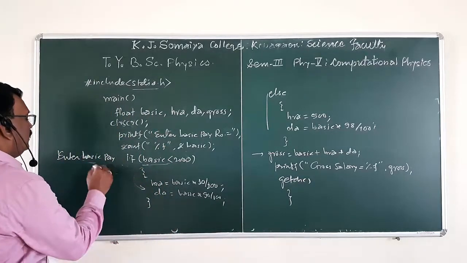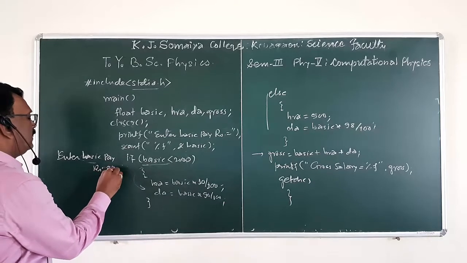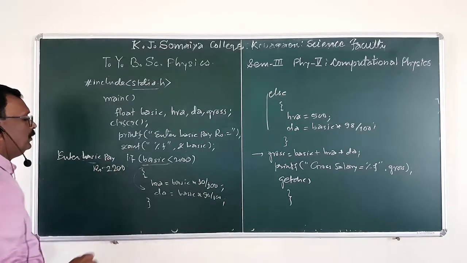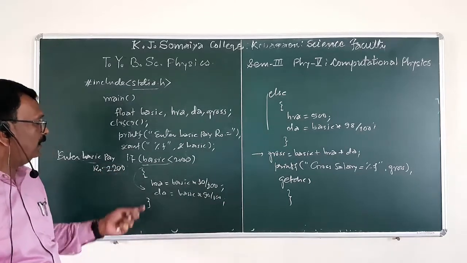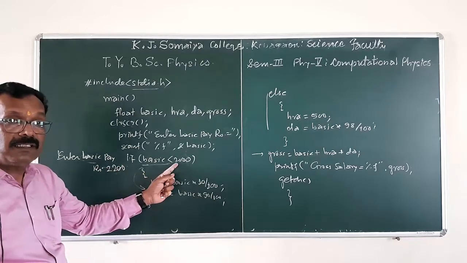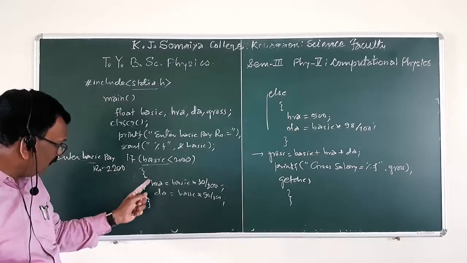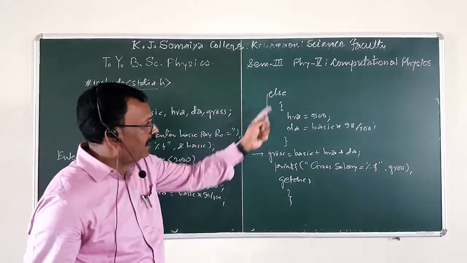If the basic is like this, 2200, then the condition is checked, the condition is false, this will not be executed, and control comes to the else statement.